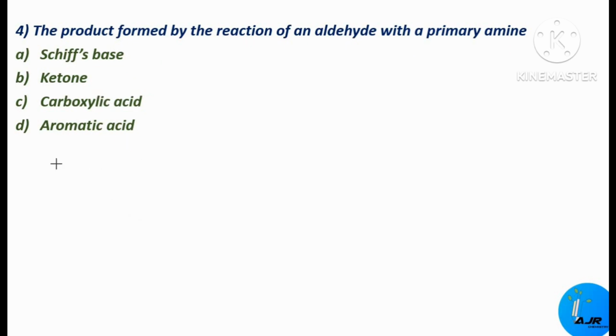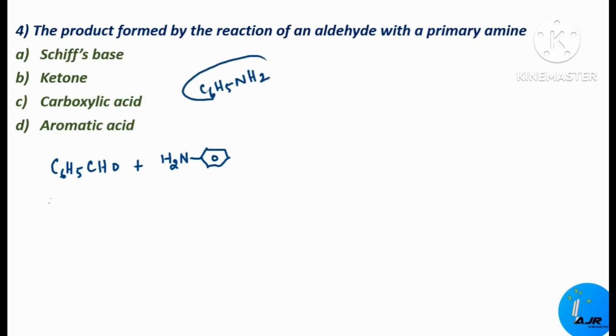Let us take benzaldehyde, C6H5CHO. Benzaldehyde, it's an aldehyde, right? And we'll take a primary amine. Since it is an aromatic aldehyde, I'm taking an aromatic amine, that is aniline, C6H5NH2.